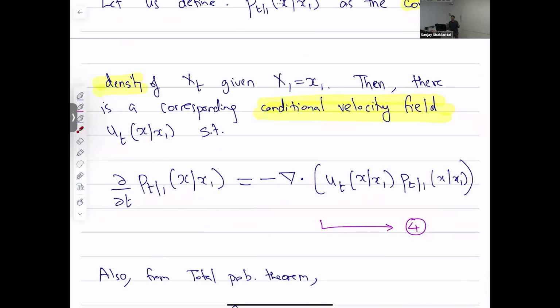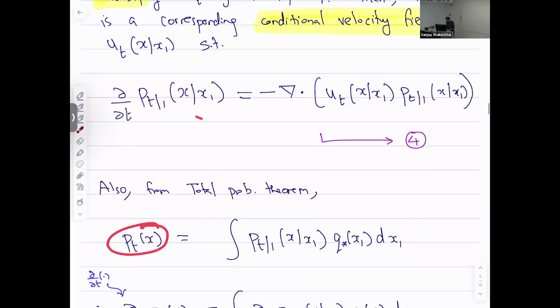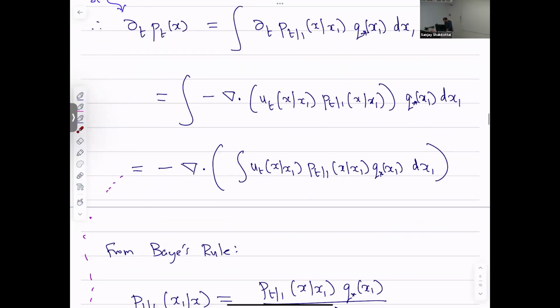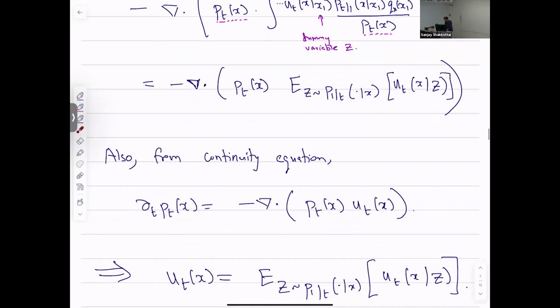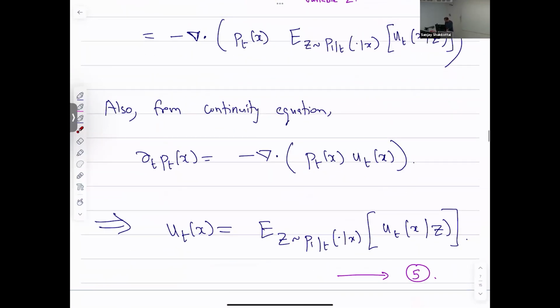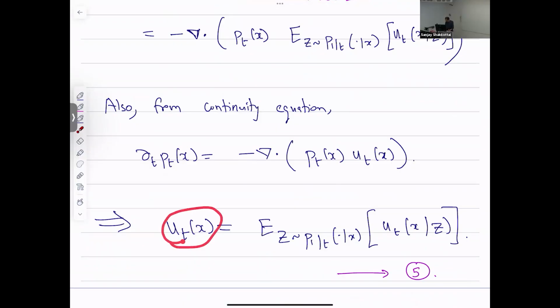Because when you condition on this, the world is just x1. It's a new probability space. In that space, you can write the density, you can write the continuity equation, and then the unconditional and all these conditionals are related using the total probability theorem. Now you can go to the algebra, and what you're going to get is that the unconditional velocity field can be written as a particular expectation of the conditional vector fields.